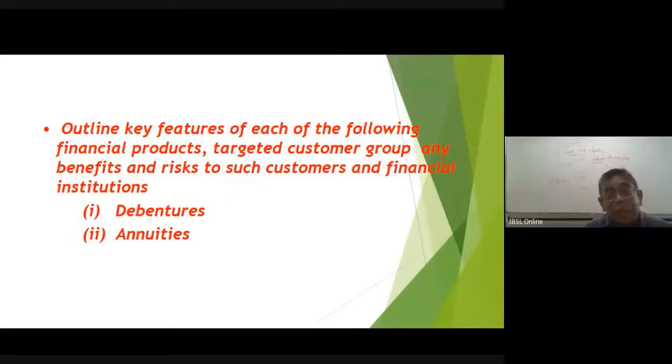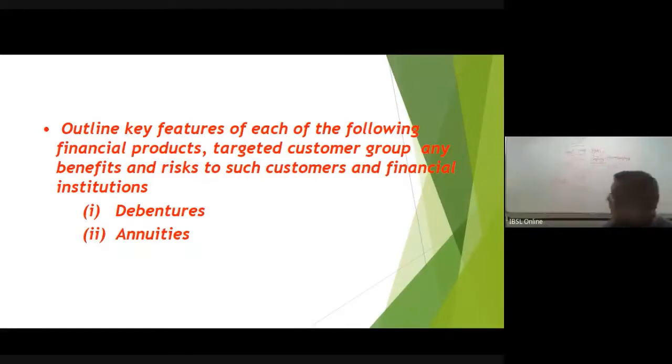Outline key features of each of the following financial products, targeted customer groups, and any benefits and risks. This is the format. That is why we need to understand the features of the product. You may be learning this in different subjects, all these things again and again, but I look at it from the customer's point of view in my subject.